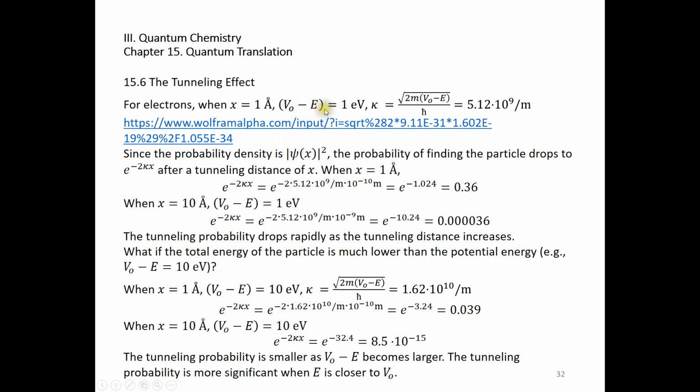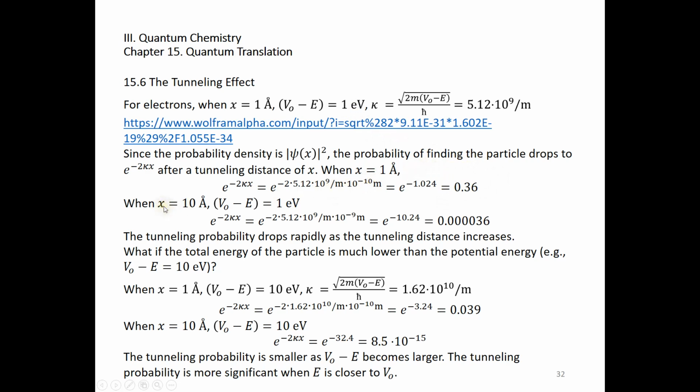The kinetic energy of this particle outside the box with 1 angstrom tunneling distance is, over here you can see, negative 1 electron volt. So potential energy minus total energy is 1 electron volt. Therefore, kinetic energy is negative 1 electron volt. And there's this much chance of observing that electron with negative kinetic energy.